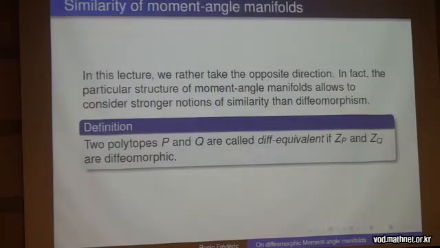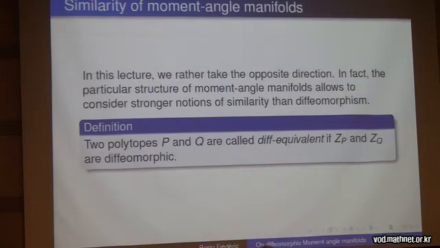But here, we will consider some notions that are rather stronger than diffeomorphism, because moment-angle manifolds have some other structure, and for diffeomorphism, we say that two polytopes are diff-equivalent if the moment-angle manifolds are diffeomorphic.